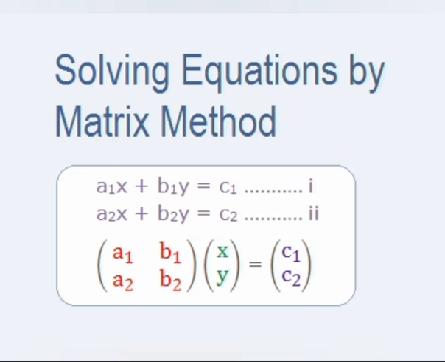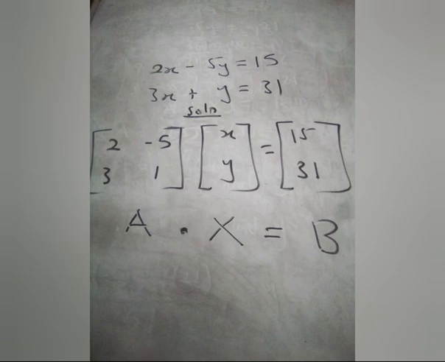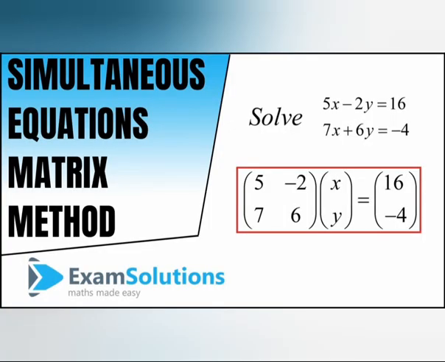Let's take for example this equation. We have the variables as x and y, and they have the coefficients as 2, 5, 3, and 1. So we form 3 different matrices: coefficient, that is A, variable, that is X, and a constant, that is B. Now we are supposed to find the values of the variables x and y.